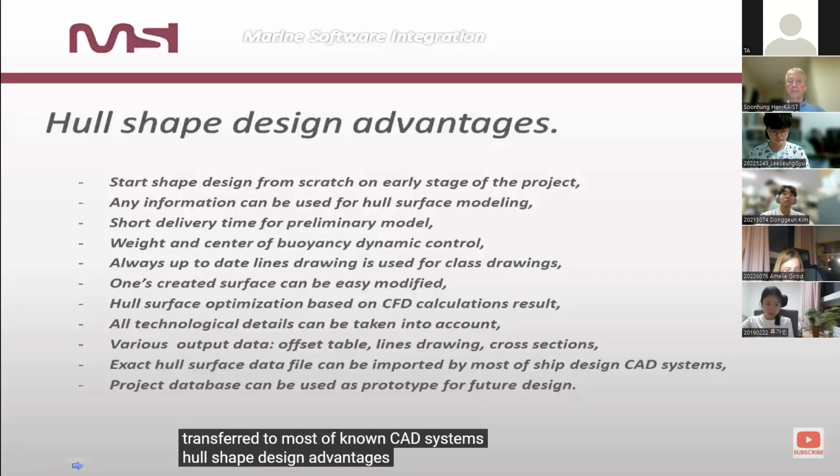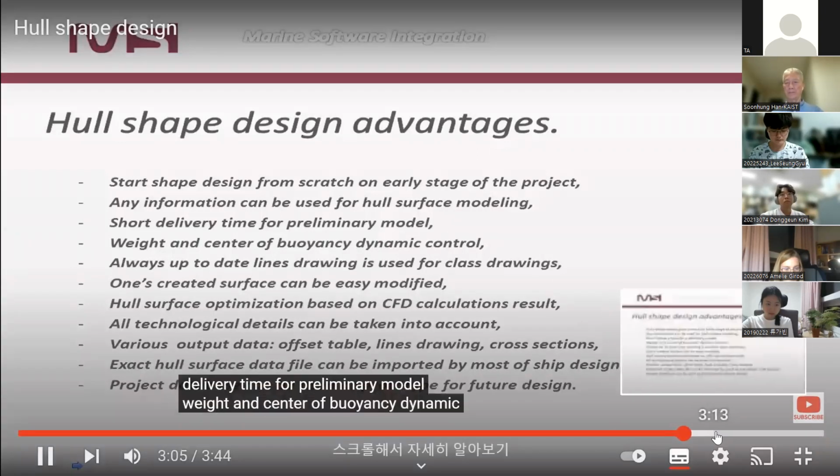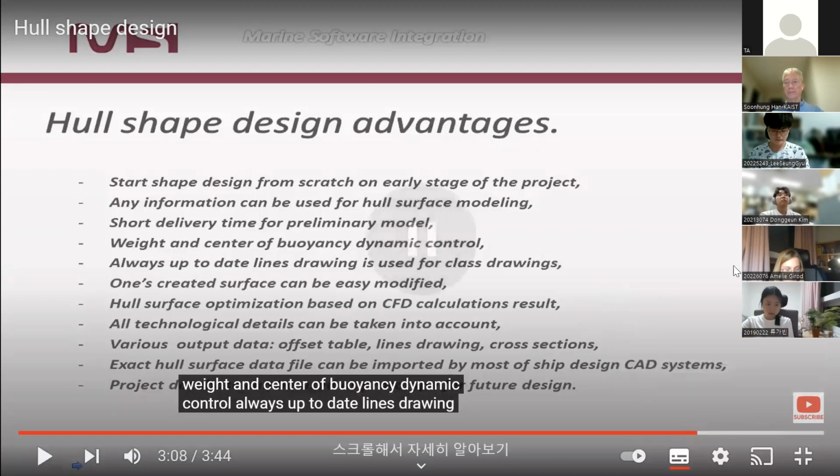Hull shape design advantages. Start shape design from scratch at an early stage of the project. Any information can be used for hull surface modeling. Short delivery time for preliminary model. Weight and center of buoyancy dynamic control. Always up-to-date lines.